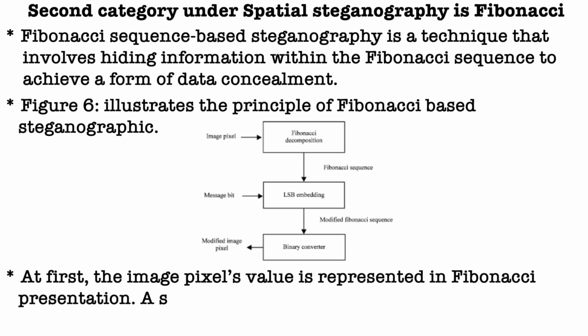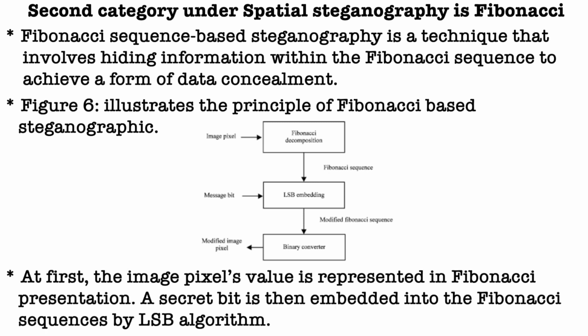At first, the image pixel's value is represented in Fibonacci representation. A secret bit is then embedded into the Fibonacci sequences by the LSB algorithm. Finally, the Fibonacci sequence with the secret bit embedded is converted to the binary domain before being returned as the stego image.